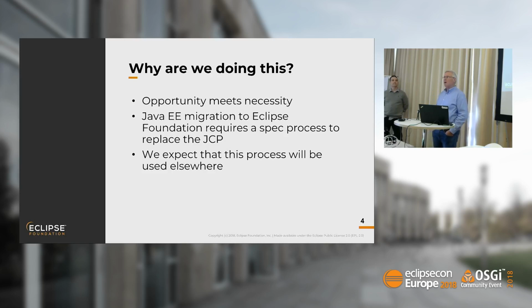But we were handed an opportunity that forced our hand when, roughly a year ago, it was announced that Oracle was going to be moving Java EE to the Eclipse Foundation. As part of that, we needed a spec process to replace the JCP. But we already know that there are other projects within the Eclipse community that are interested in doing this, so we expect this is going to be used elsewhere.